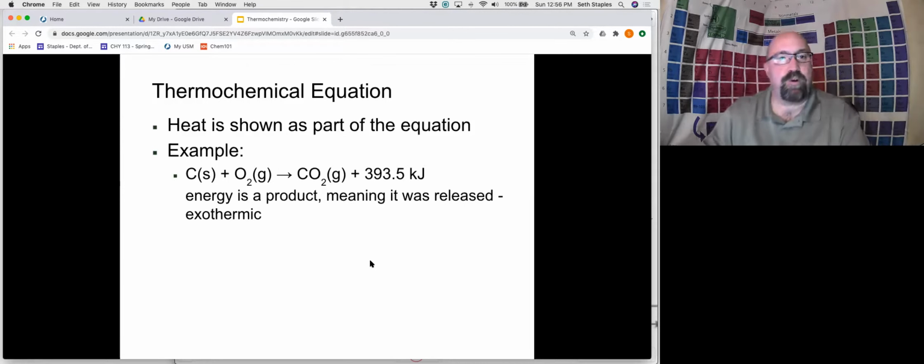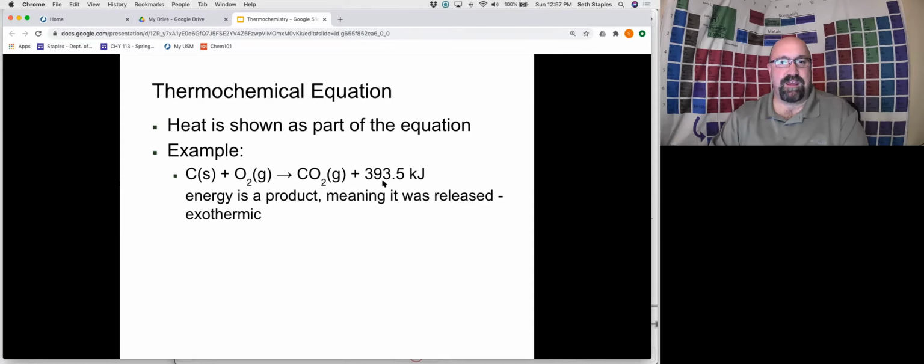And a thermochemical equation, we can start to really get into the heat of some of this matter now, or the meat of it. A thermochemical equation is how we represent the amount of energy flow in a reaction. So for an example here we have solid carbon plus gaseous oxygen to produce gaseous carbon dioxide.